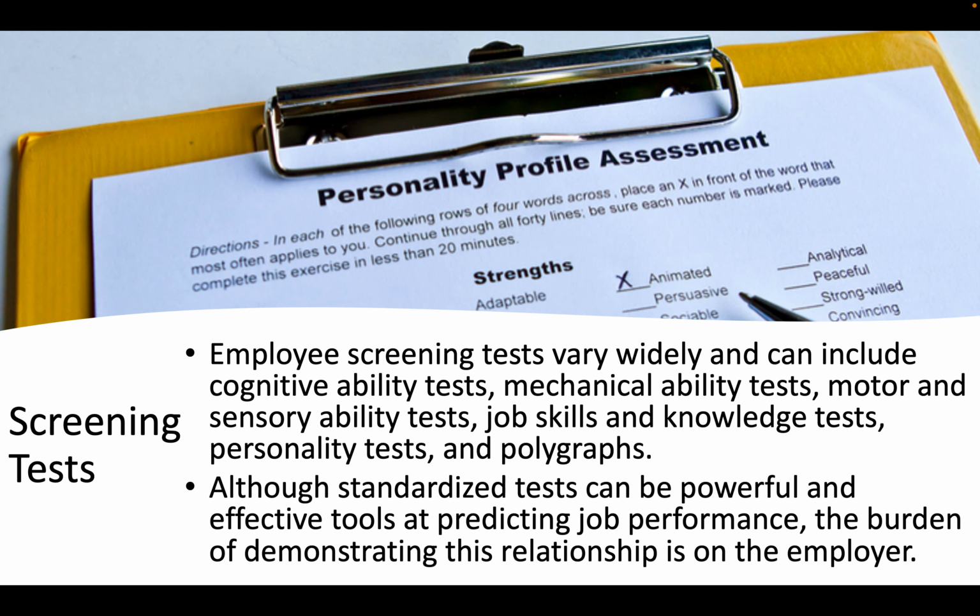Employee screening tests vary widely and can include cognitive ability tests, mechanical ability tests, motor and sensory ability tests, job skills and knowledge tests, personality tests, and polygraphs. Although standardized tests can be powerful and effective tools at predicting job performance, the burden of demonstrating this relationship is on the employer.